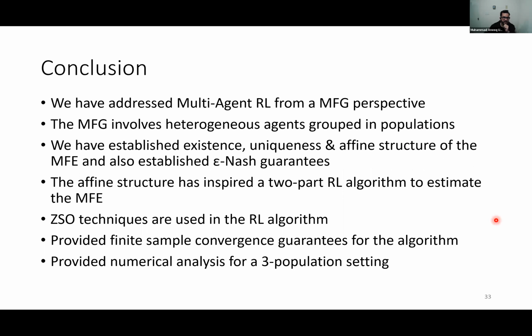The affine structure inspires a two-part RL algorithm, and then using zero-order stochastic optimization techniques, we can give finite sample convergence guarantees for the algorithm, and then we provided numerical analysis for the three population setting. So that's the end of my talk, and if you guys have any questions, you can go ahead.